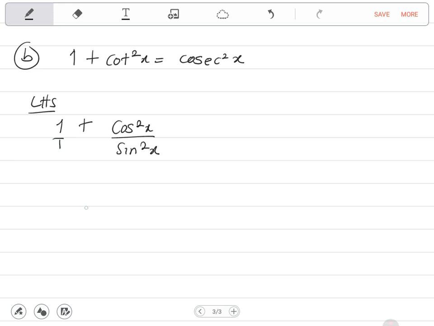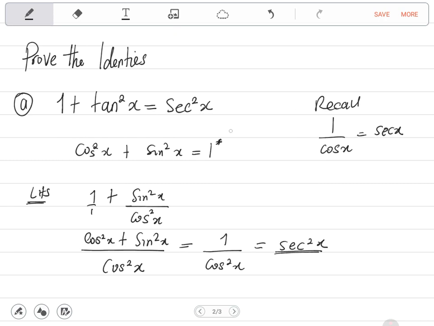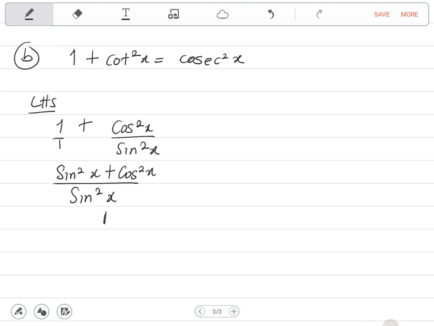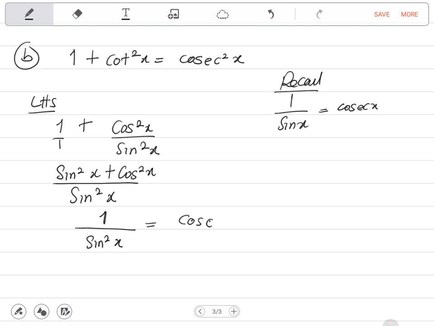Here, the common denominator will be sin squared x. Dividing and multiplying, we get sin squared x plus cos squared x. Recall from this identity, it's 1 on top. So we get 1 over sin squared x. Recall that 1 over sin x is just cosec x. So if there's a square, this will be equal to cosec squared x. Just like that, we're good.